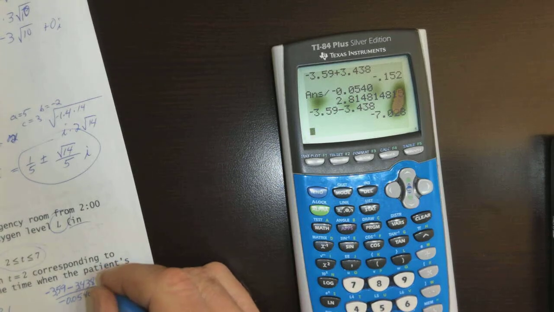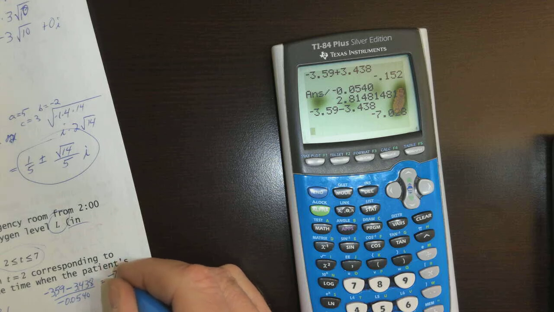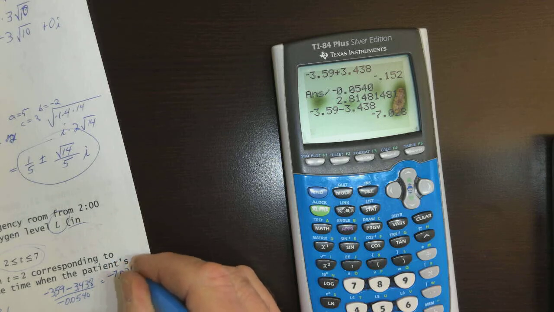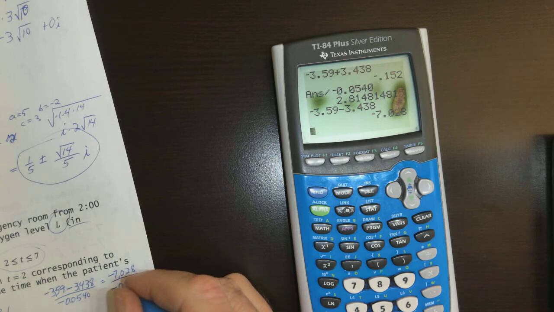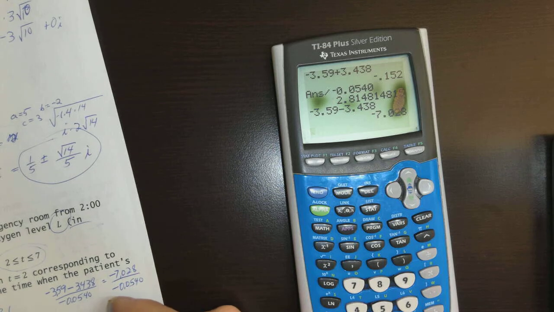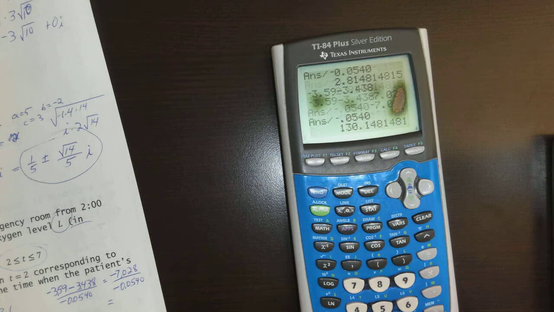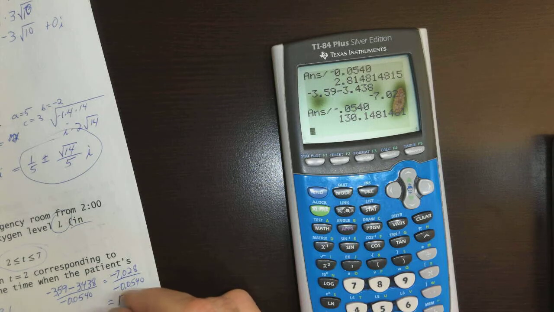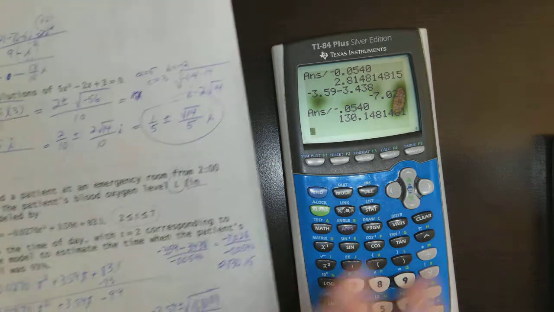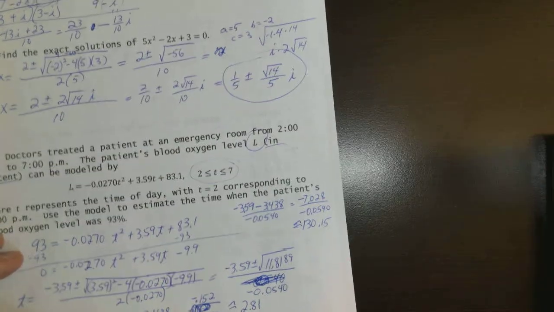That's negative 7.028 over negative 0.0540. Let's divide that by negative 0.0540. And I'm getting 130.15 here, approximately.